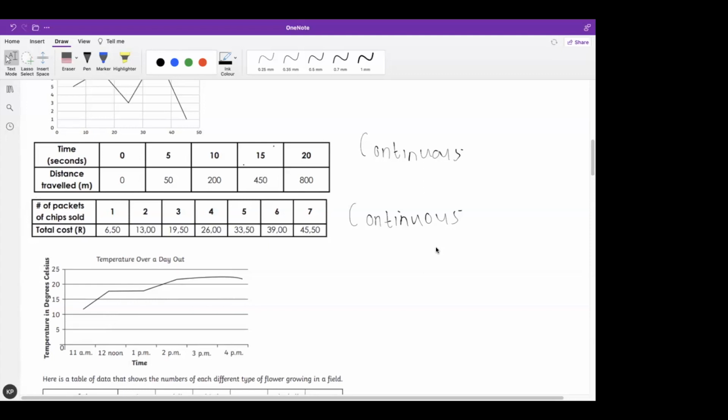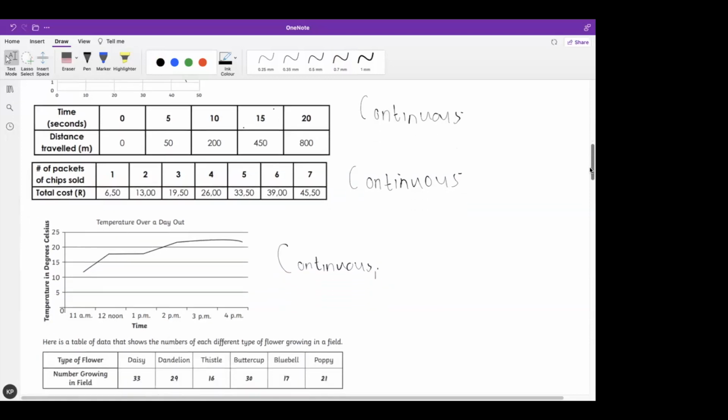So this is definitely a continuous graph with continuous data because A, it can be measured, and B, it is a solid line. So this has to be continuous. We're getting much better at this. Continuous. Wonderful. Let's move on.